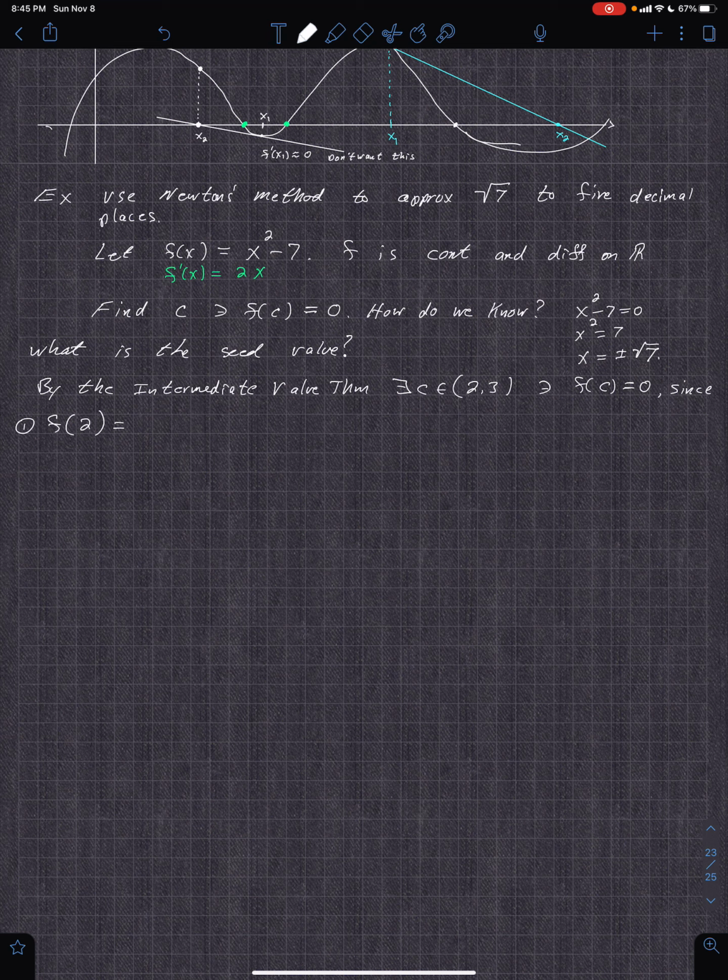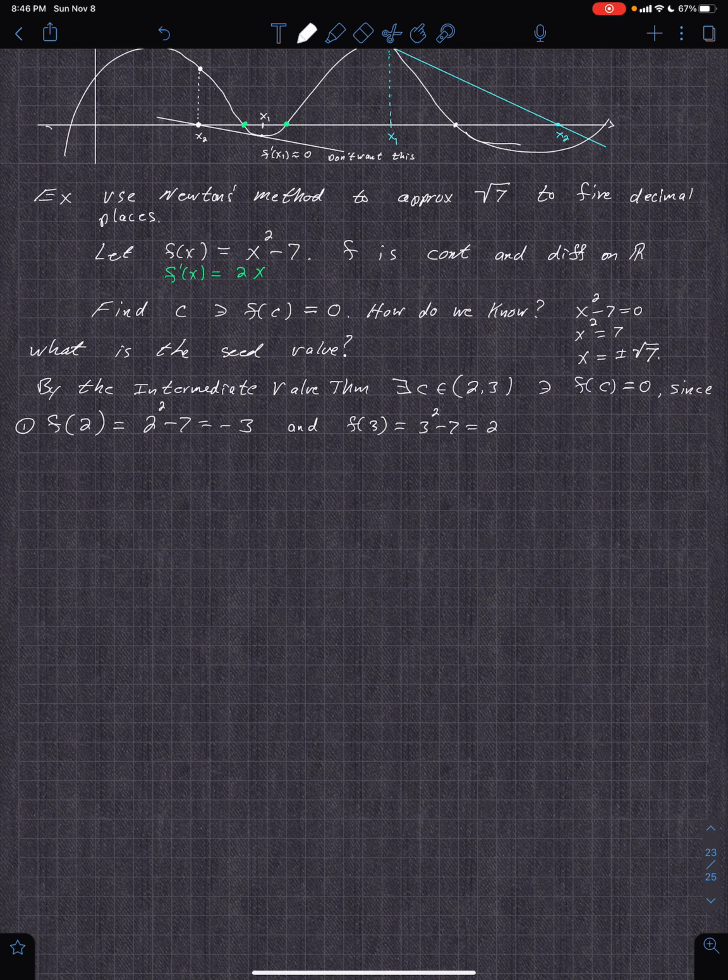f of 2 is equal to 2 squared minus 7, which is equal to negative 3. So you get a negative value. And then you get f of 3. I'm just picking values, like 2 squared is 4, 3 squared is 9. What squared gives you 7, basically? So f of 3 is 3 squared minus 7, which is equal to 2.